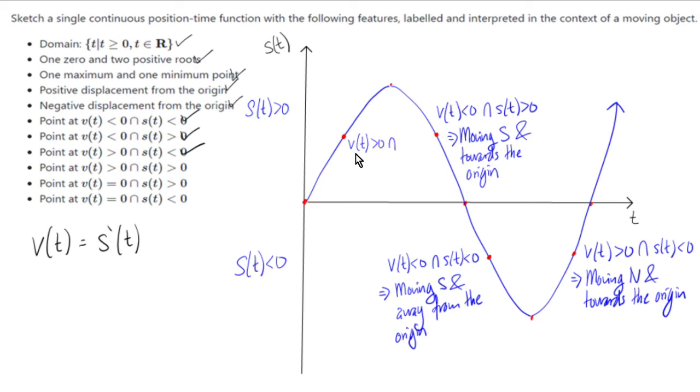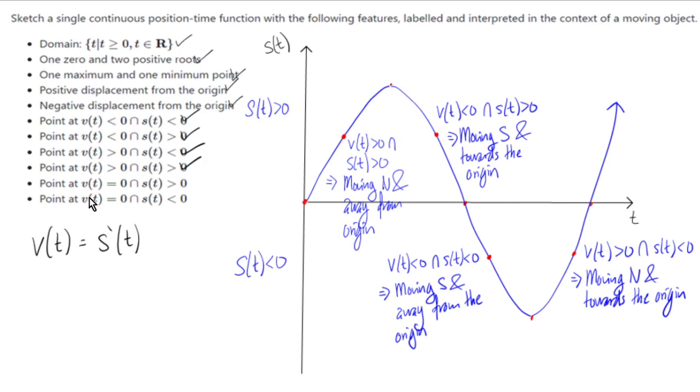And we have a positive position time function. And in the context of a moving object, this means we're moving north and away from the origin. So that was this one right here.